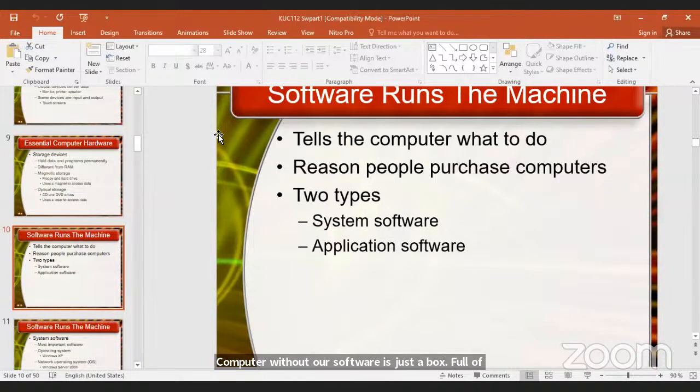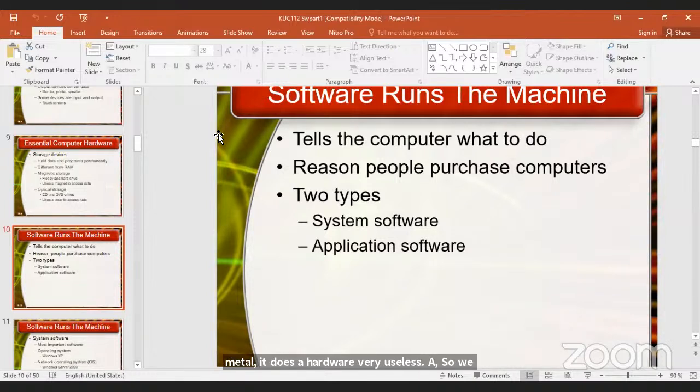So we need software to run the computer, to make sure that the computer is accessible to the user. It means that without the software, a computer is just metal, just hardware, a very useless, tangible part of the computer.